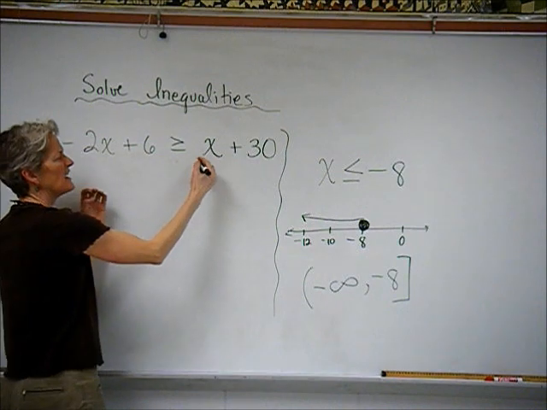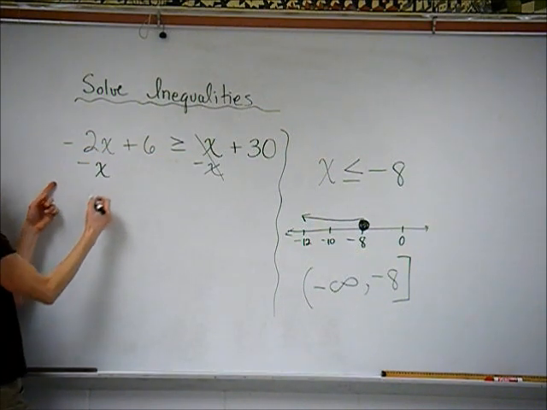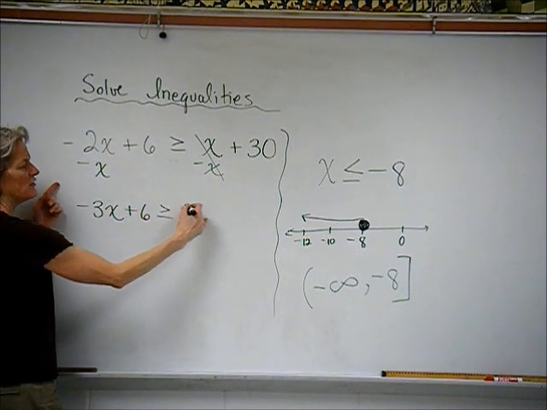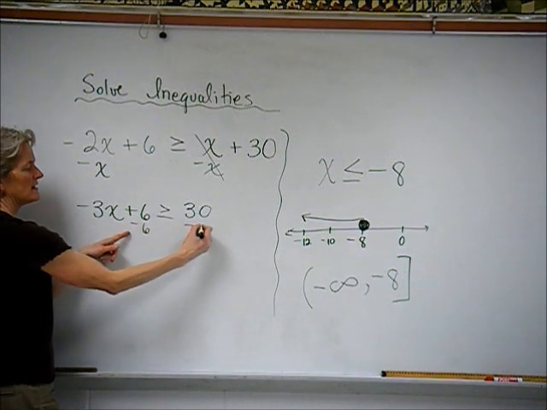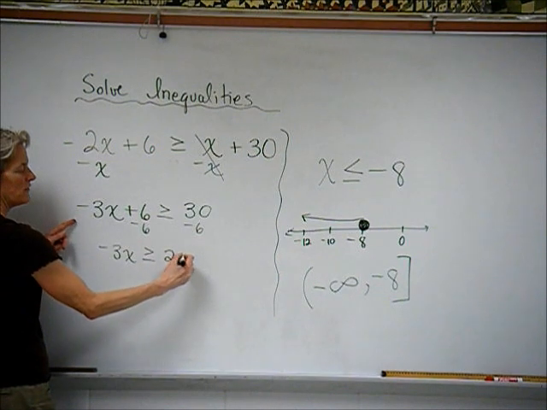Okay? Let's say instead I decided to subtract x. So this would be negative 3x plus 6. That would have been fine to do also, right? Isn't that okay? Then I would have subtracted 6. Negative 3x is greater than or equal to 24.